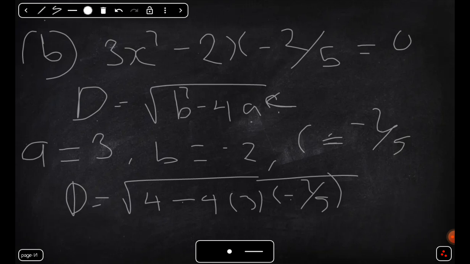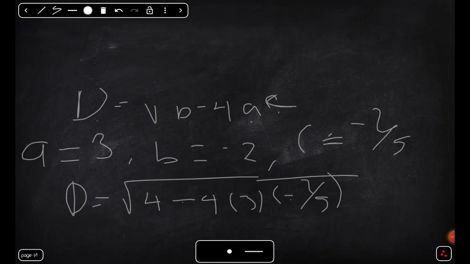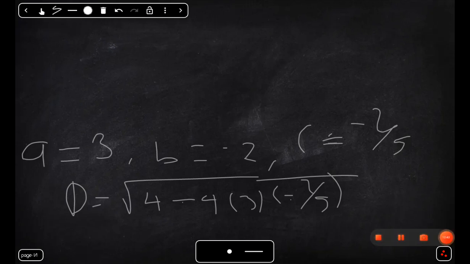So let's create more space so we can simplify further. So here now we have the root of 4 plus, now if you look at this, 4 times 3 is 12, then 12 times 2 is 24 over 5.